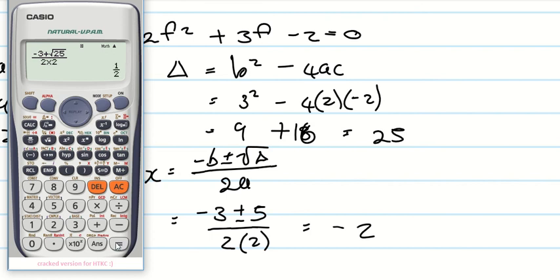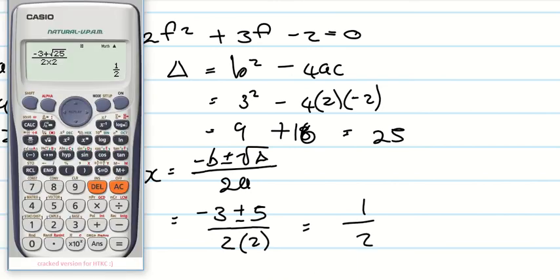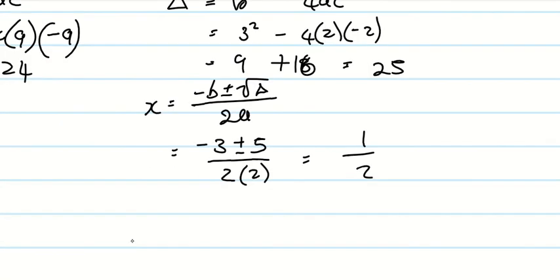Alright, so that one is half, and the first one is going to be half, and if I change the sign there, this one is going to be negative 2. So our answer was actually right. So it's negative 2, or x is equal to negative 2.